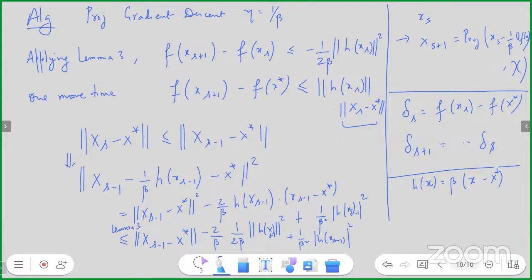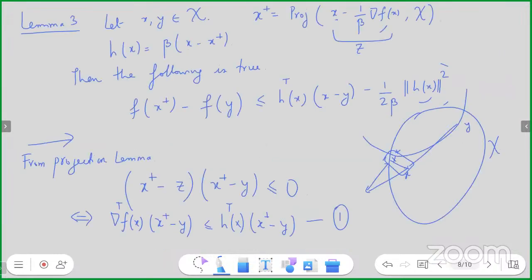By noting that f of xs minus 1 is greater than or equal to f star. You want me to revisit that? I'm happy to do that. So what do we have? Let's just look at this being x of s minus 1 and this being x star.